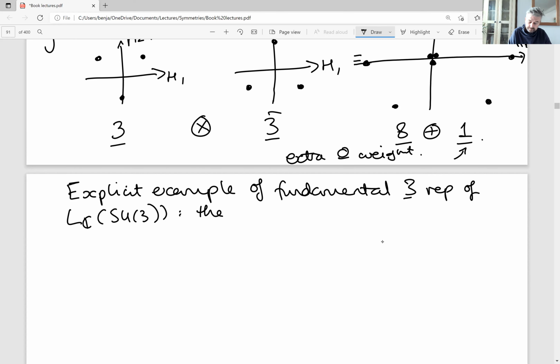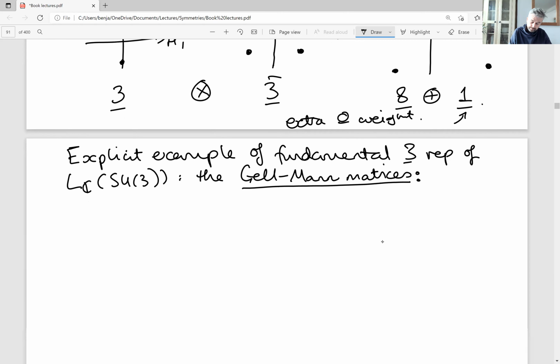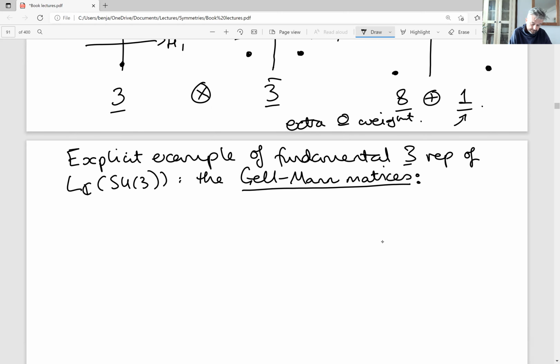And these are in a particular normalization and basis. And when they're in this normalization and basis, they're called the Gell-Mann matrices, after their discoverer, the Nobel Prize winner Murray Gell-Mann. So there are 8 of these matrices, and because they're in the three-dimensional rep, they're 3 by 3.